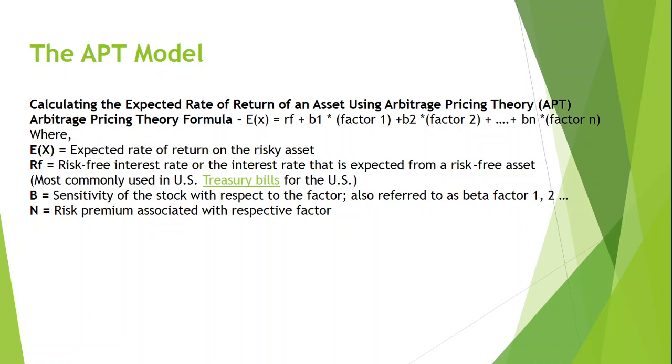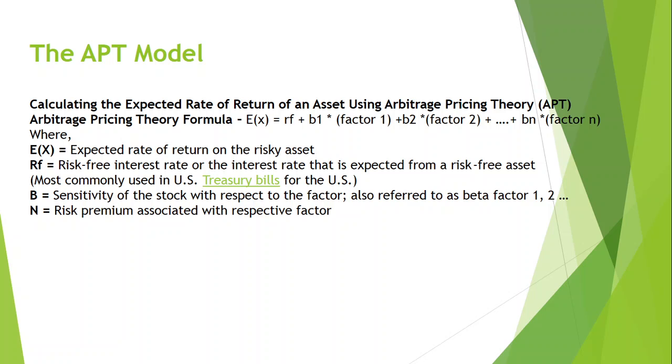Calculating the expected rate of return of an asset using arbitrage pricing theory. The formula is Ex = Rf + B1 × factor 1 + B2 × factor 2, and so on, where Ex is the expected rate of return on the risky asset, Rf is the risk-free interest rate, or the interest rate that is expected from a risk-free asset, most commonly US Treasury bills for the US.